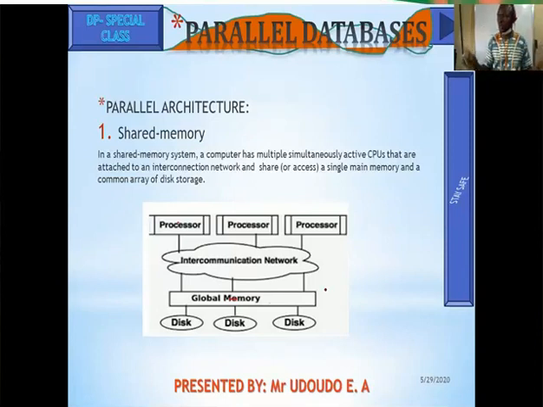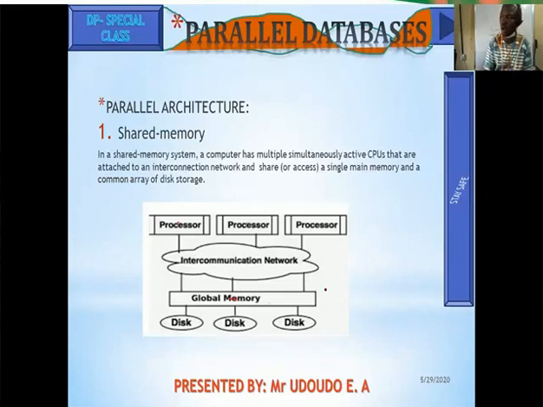Simple. 2, it is easy to access data. That is to say, there will be no difficulty in trying to gain access to data. Easy access to data.